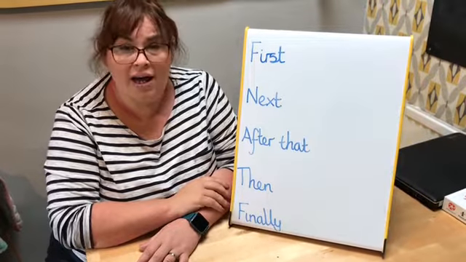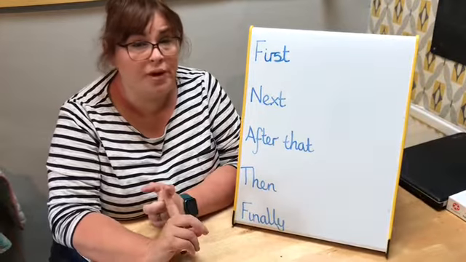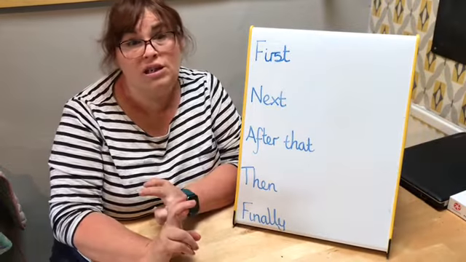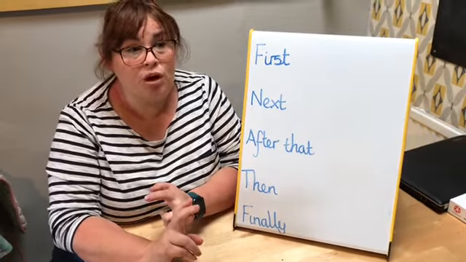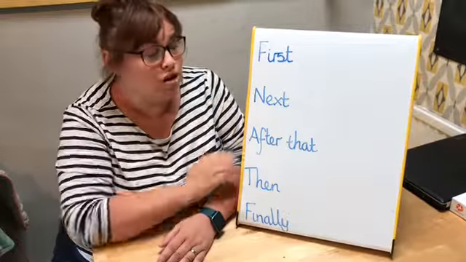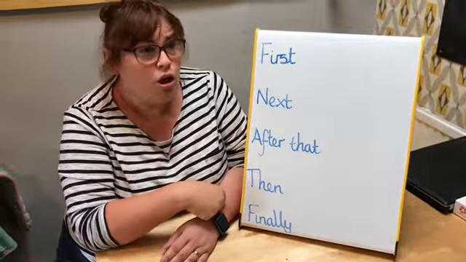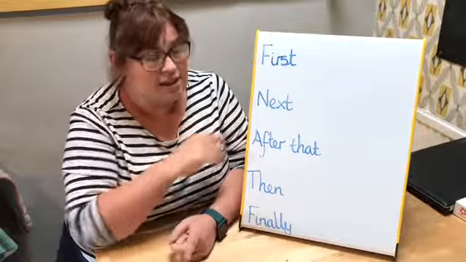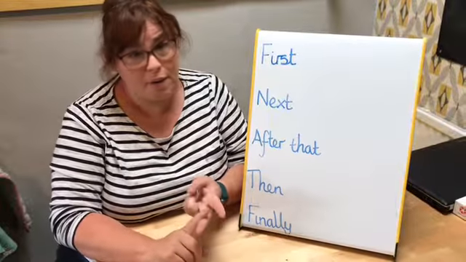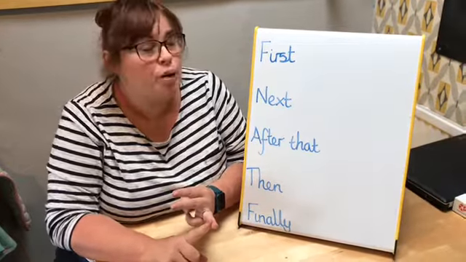Now, whether you have just watched Book of Butterflies, whether you have watched my short video, or whether you've created your own, you can write some sentences that are going to sequence the film. They're going to put the events of the film in order, and we're going to use these words to help us. I'm going to use my own short film. You can choose to write your sentences about Book of Butterflies, about my film, or about your own film if you've made one or if you're going to make one.